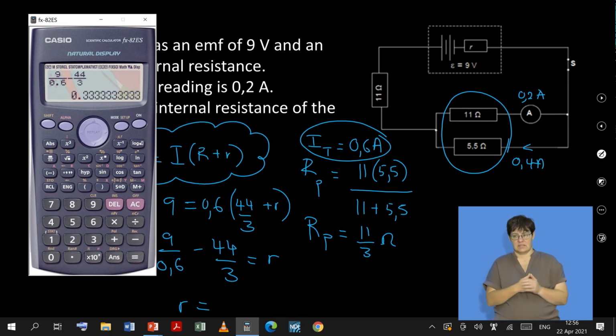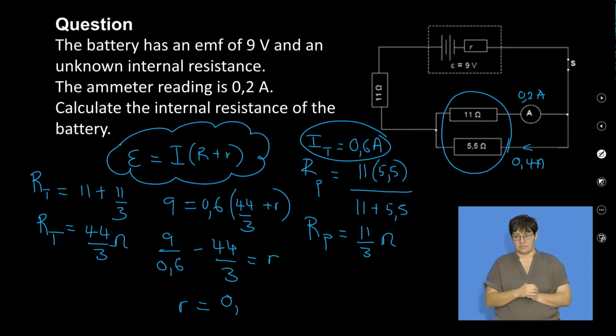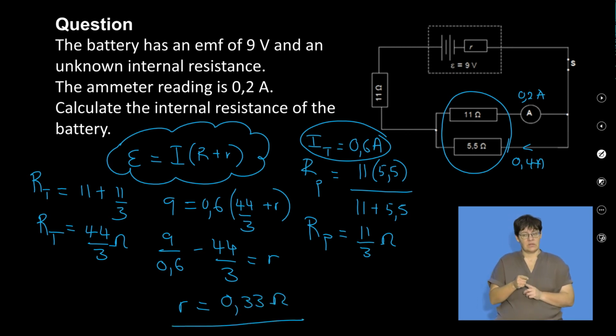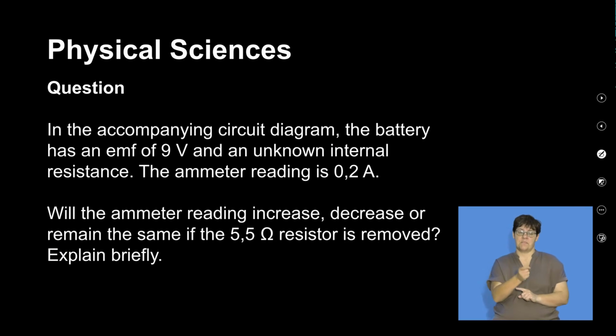So our value for our internal resistance is 0.33 ohms. This must be written to 2 decimal places. So this is just an example of how we can determine the internal resistance.